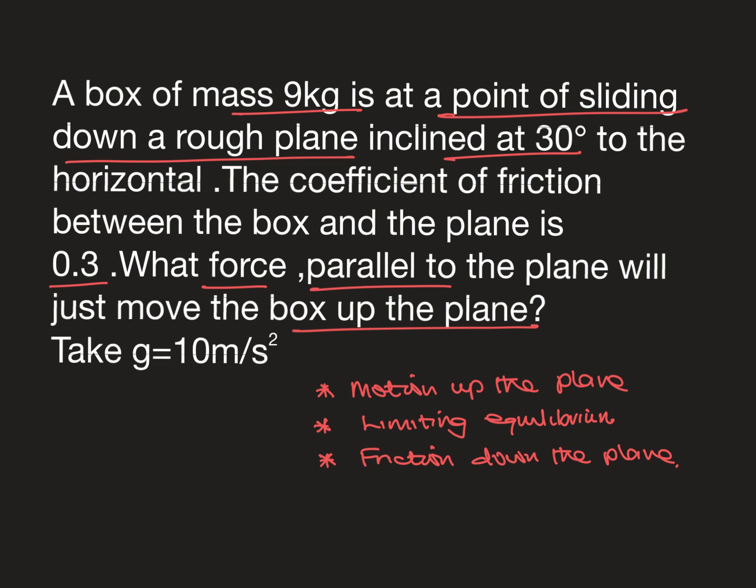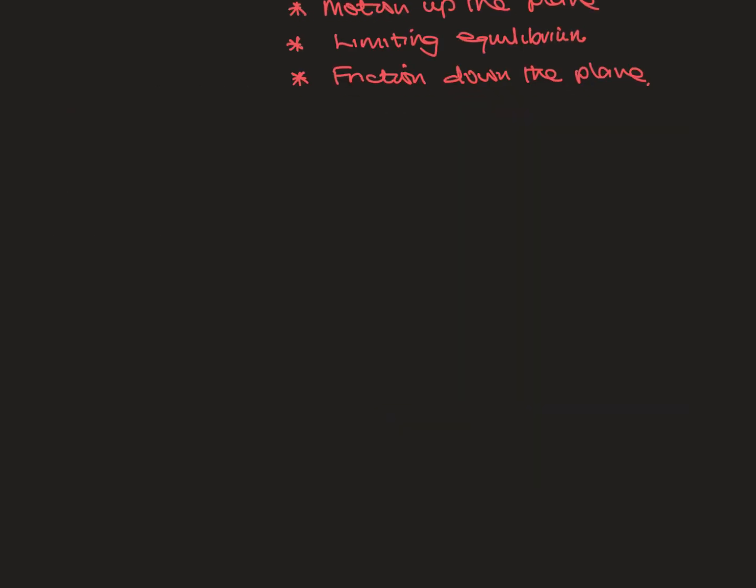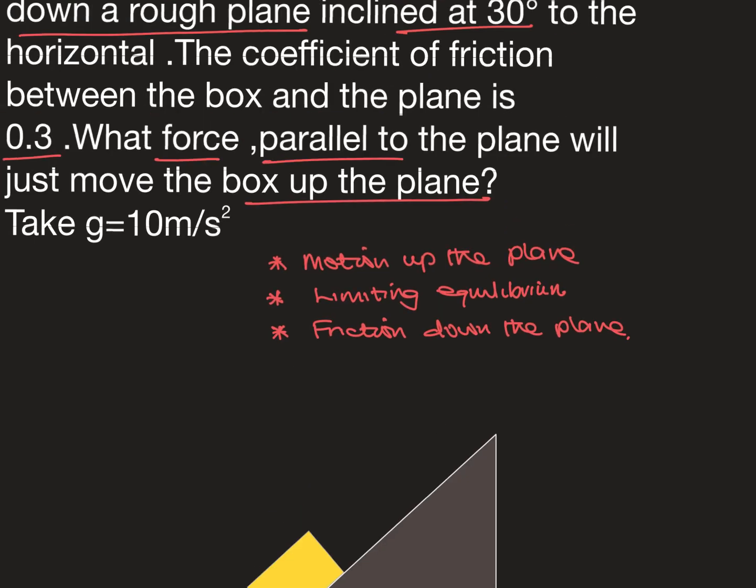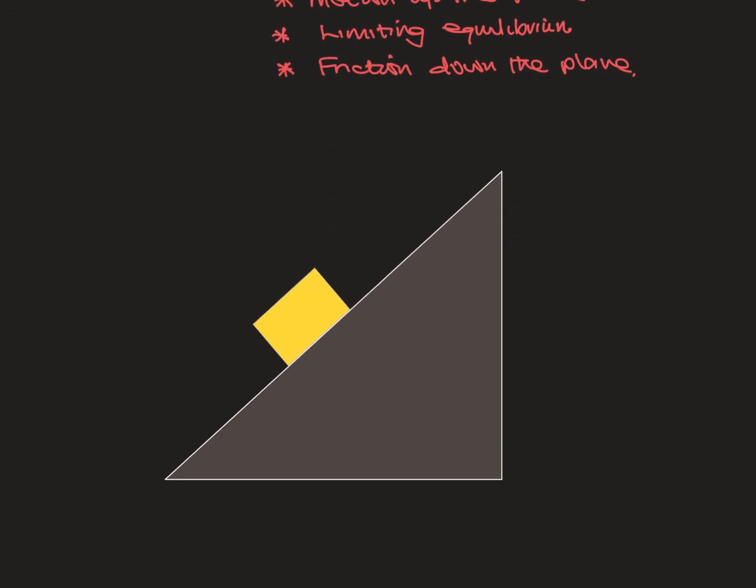Now let's try to draw the diagram. This is our diagram. The mass of the body is 9 kilograms, resting on a rough plane inclined at 30 degrees to the horizontal. The coefficient of friction is given as 0.3.